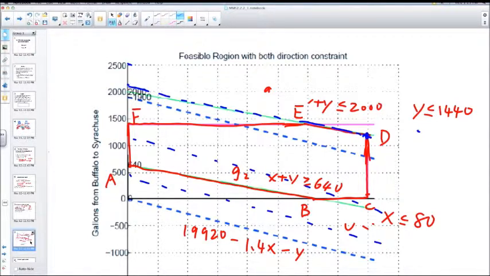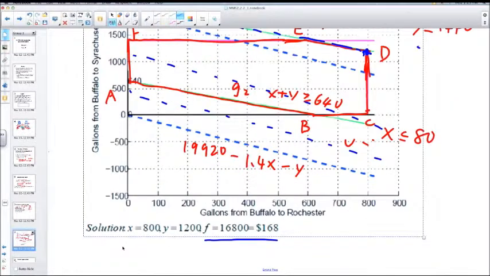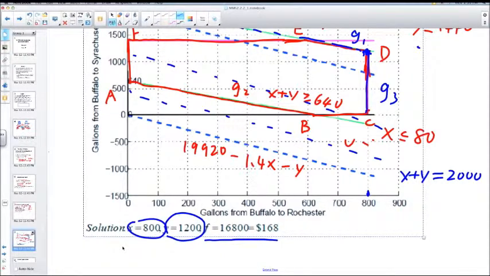And we calculate this number. So what is this number? Let's see. We know the x is 800 because it's this line, that's the G3. And it meets the G1. The G1 is x plus y equals 2000. And then you get y equals 1200. X is 800.